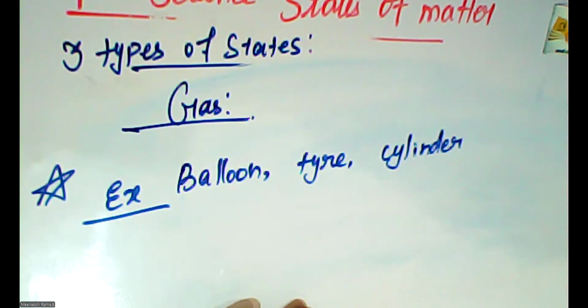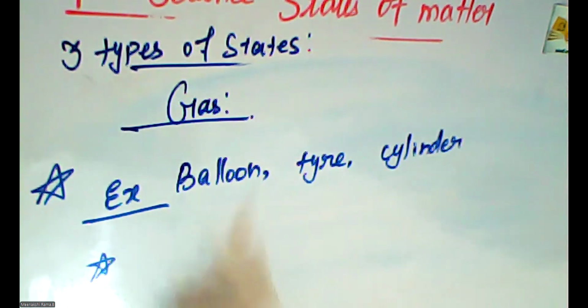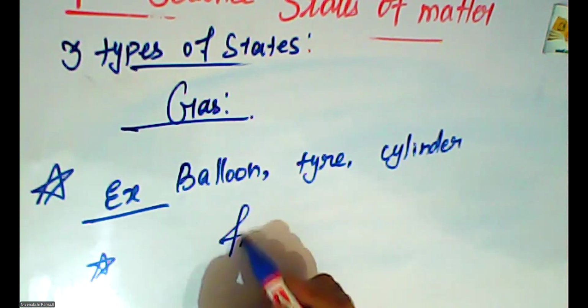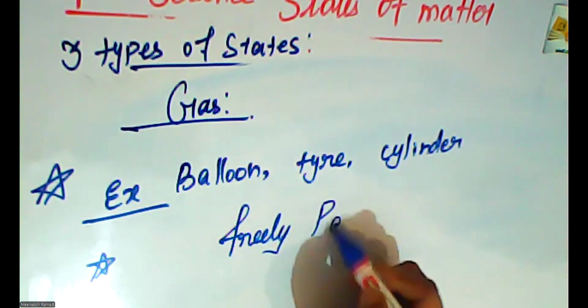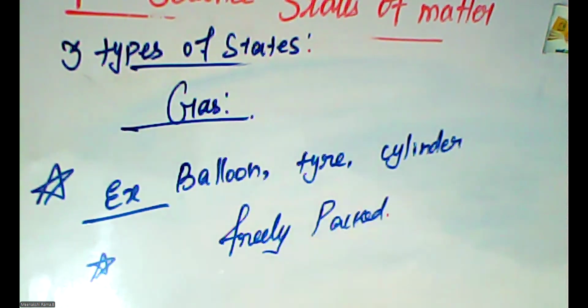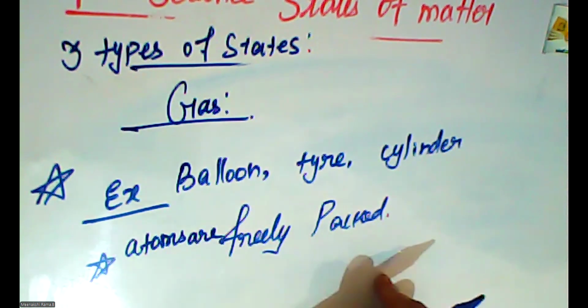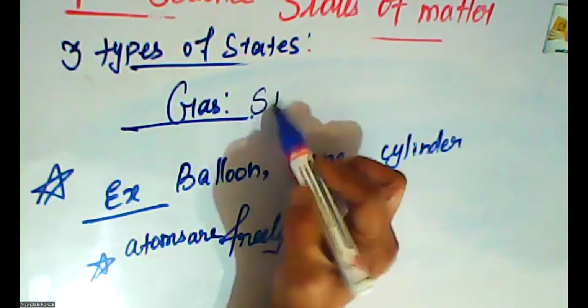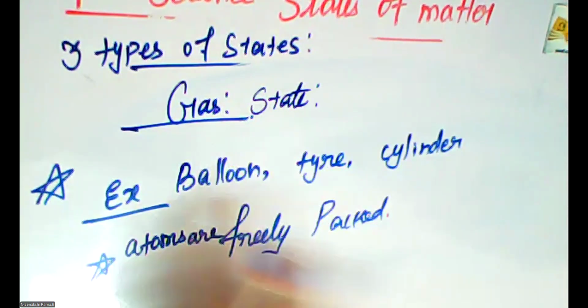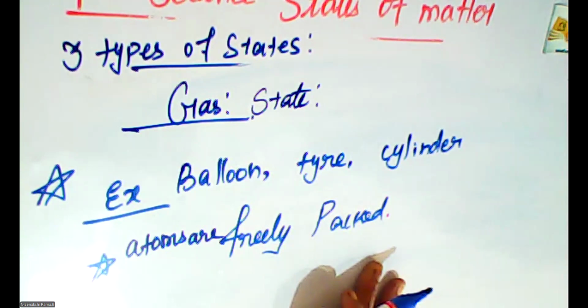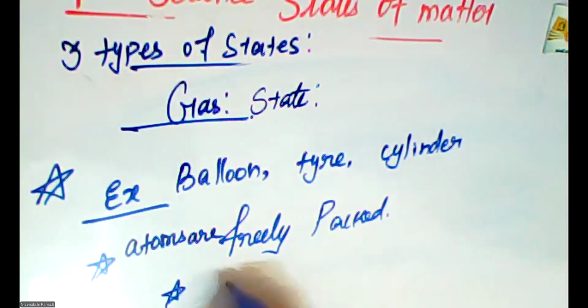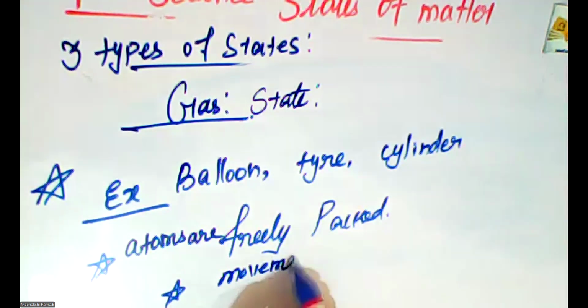So in the gaseous state, the particles are freely packed, not loosely packed. Atoms and molecules are freely packed in the gas state. The movement of the particles is also high.